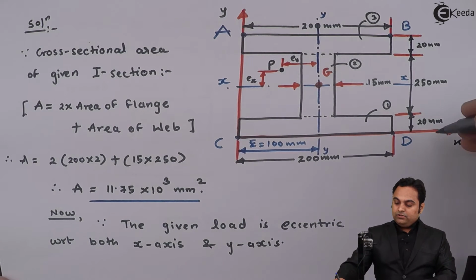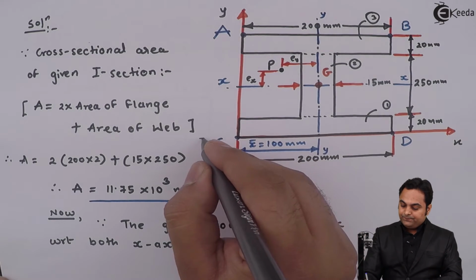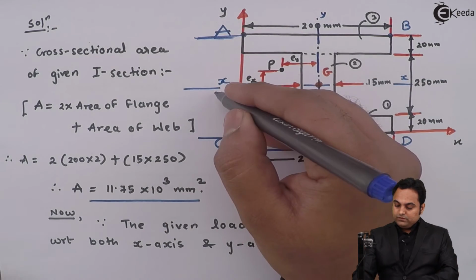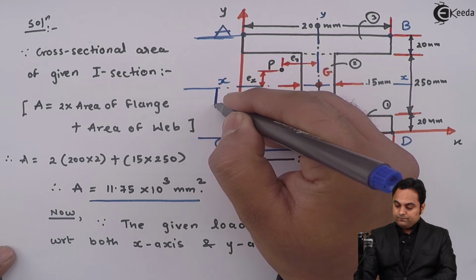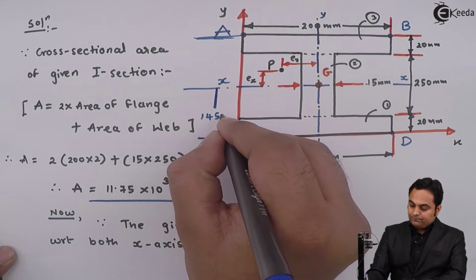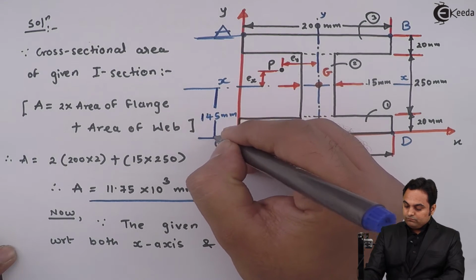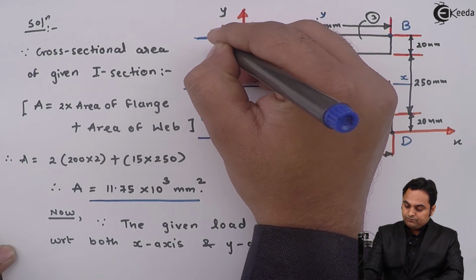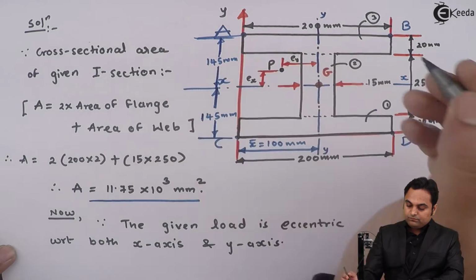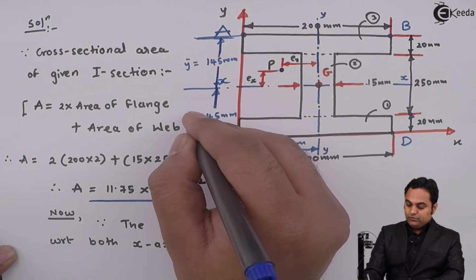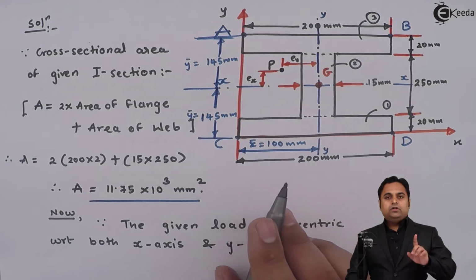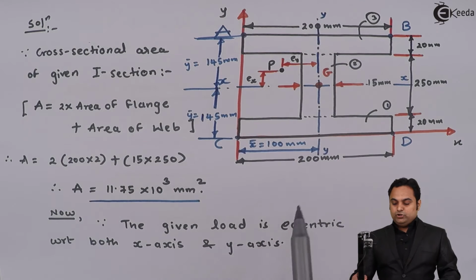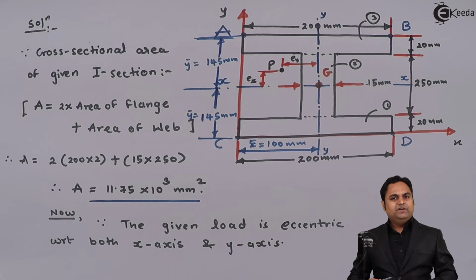Next y bar, the total height is 290 here, so half of 290, that is 145 mm. This is y bar. So here we have the location of centroid, x bar and y bar values. Now we would be calculating the MI about x axis and y axis because it would be required in the calculation of bending stresses.